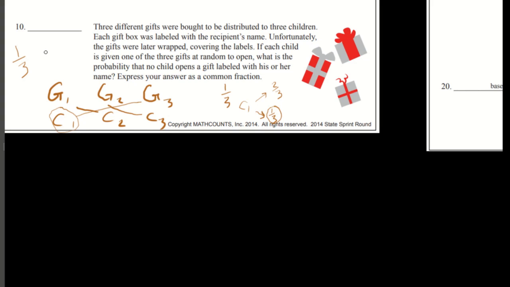Because those two probabilities, the probability that no one opens their own gift and the probability that at least someone opens their own gift, have to add up to 1. So the probability that someone gets their own gift is going to be 1/3 plus something.